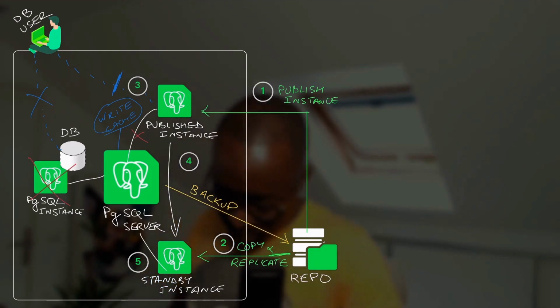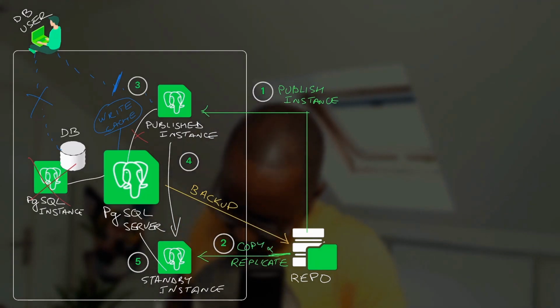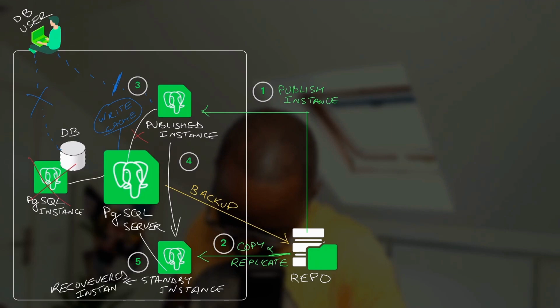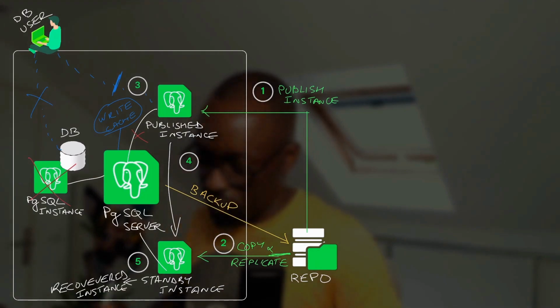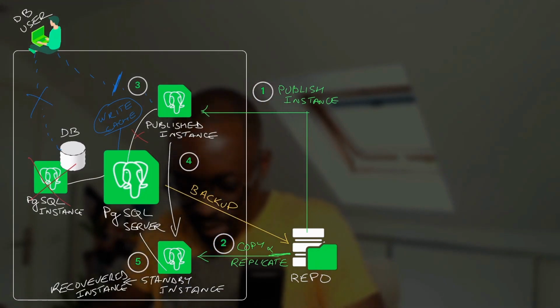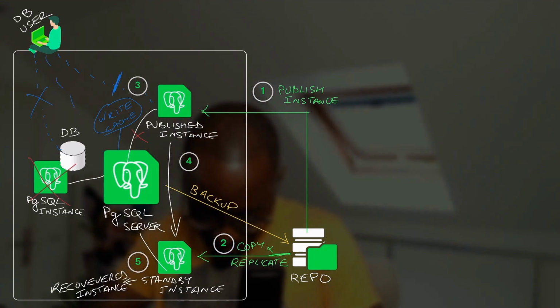The standby instance will transition from standby to, I will put it here, recover. It switches from standby to restored instance recovery, okay? And from there, obviously, the user will access this restored instance essentially.